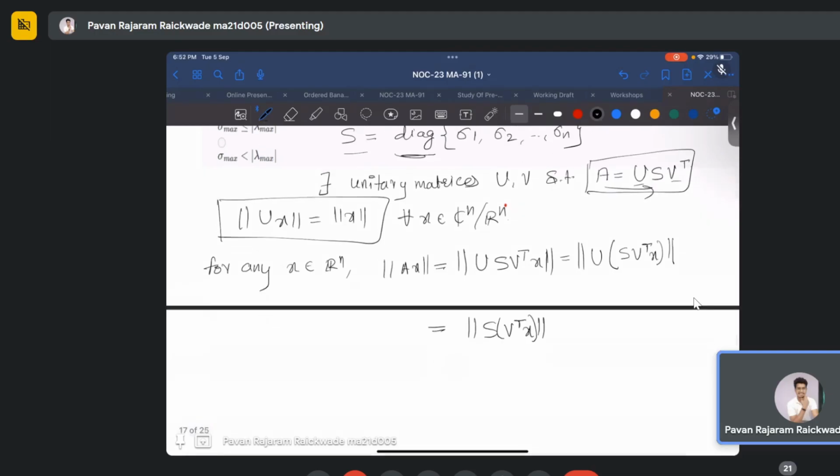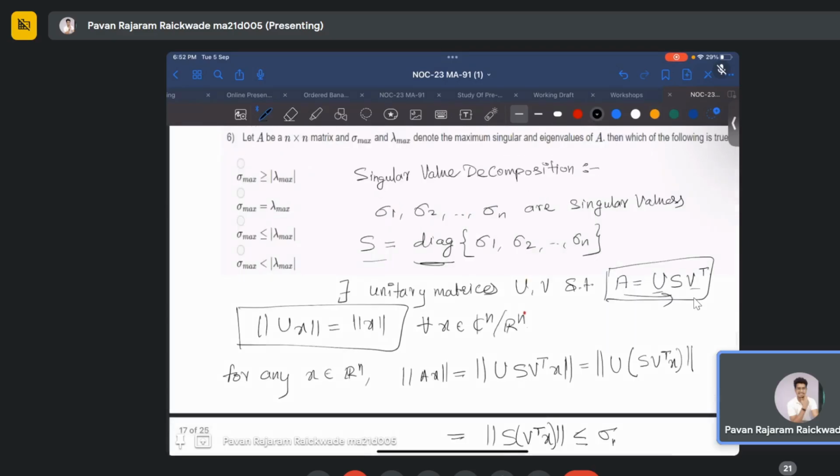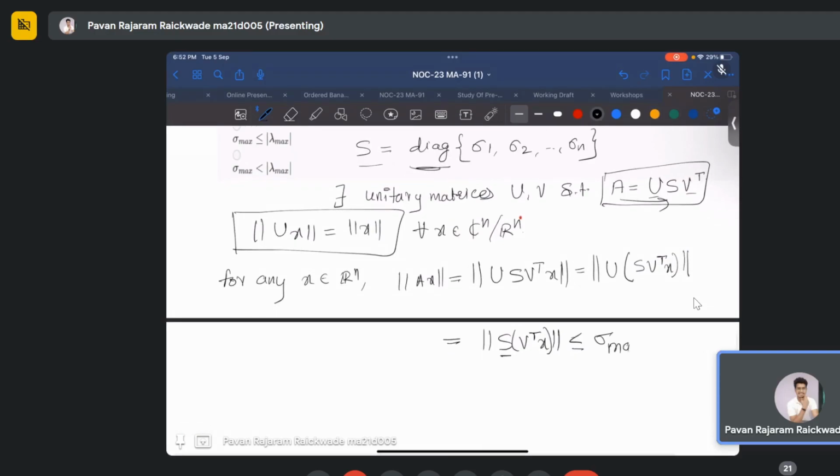But now S is just a diagonal matrix consisting of diagonal entries sigma 1 through sigma n, which are all greater or equal to 0. Hence, this quantity is less than or equal to sigma max times norm of V transpose x, right? This is a multiplication by a number.